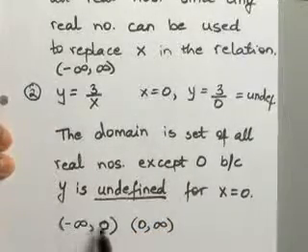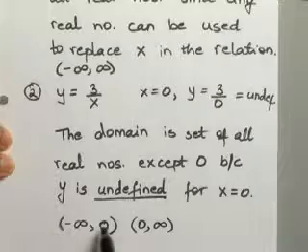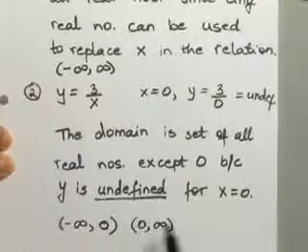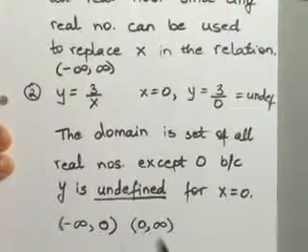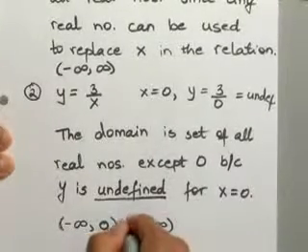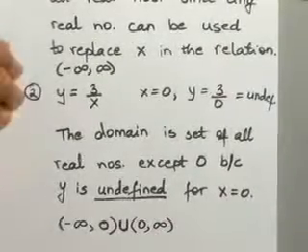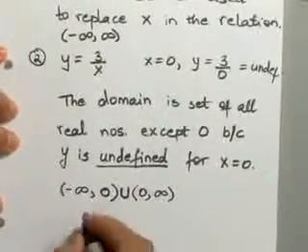So basically, this tells me all the numbers from negative infinity to 0, not including 0, and all numbers from 0 to positive infinity, again, not including 0. And to join these two, I will use my union symbol. This is how you will represent it in your interval notation.